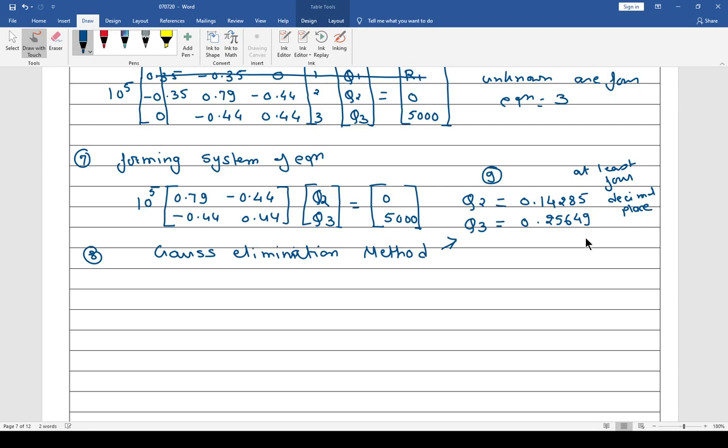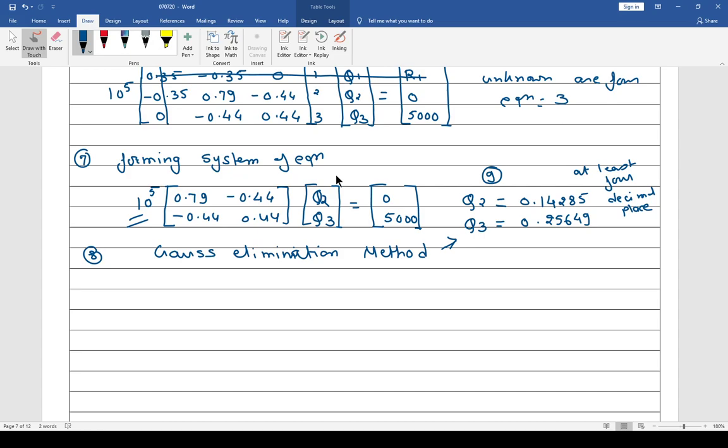Remember, keep in mind this, you have to at least take care of 4 decimal places, or else the answer is going to vary by a huge margin. Simply you have to understand that the multiplying factor like 10 to the power 5, 10 to the power 7, such things is going to come into the picture.